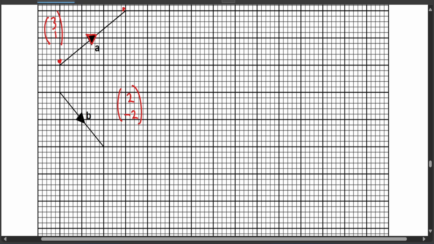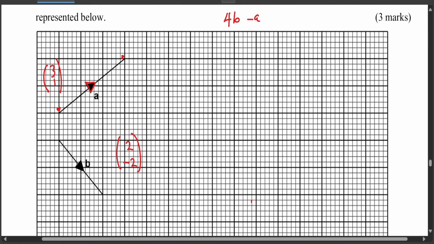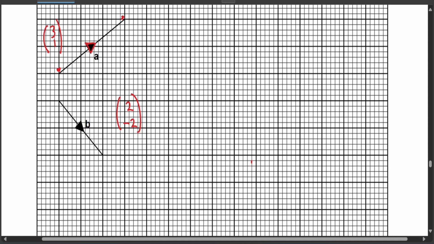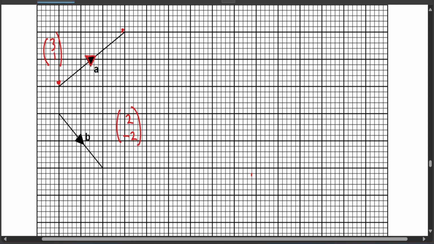Let's start by drawing A. Since it is just 4b minus A, A will just be the same because there's no scalar before A. If it was 2A or 3A, it would be different. So just as you see A, that is how you draw it. You go right 3, up 1. Actually here it is right 3 and up not 1 but 2. So therefore your A will be this way.